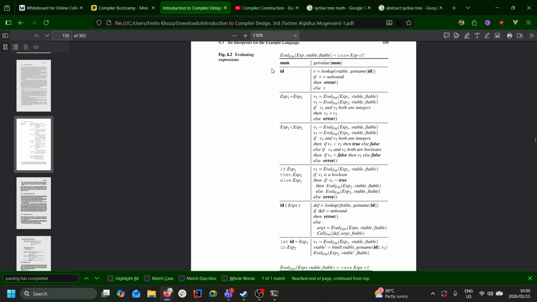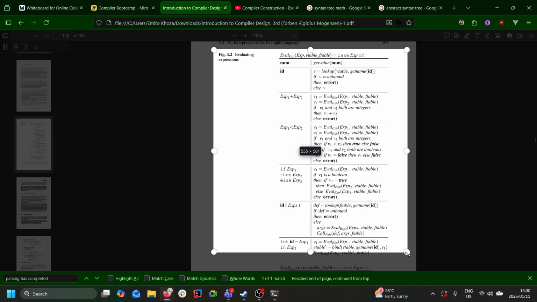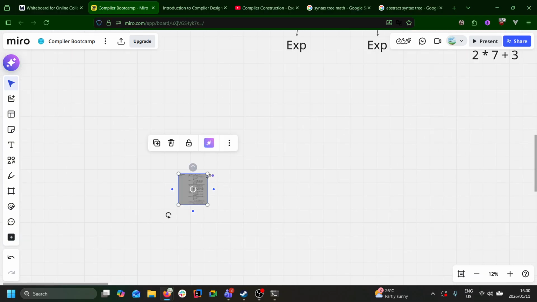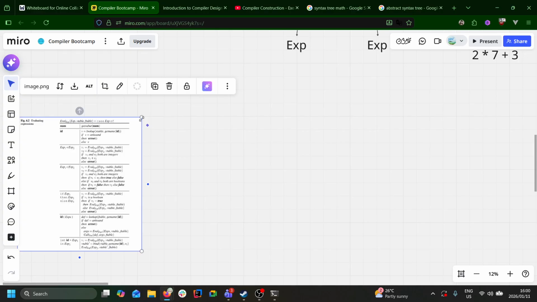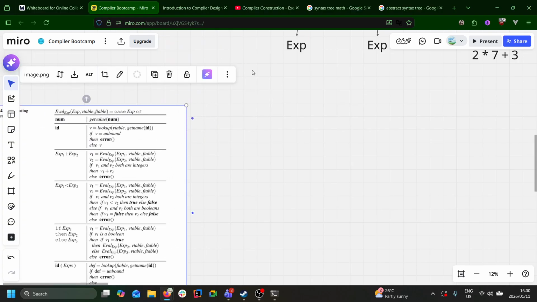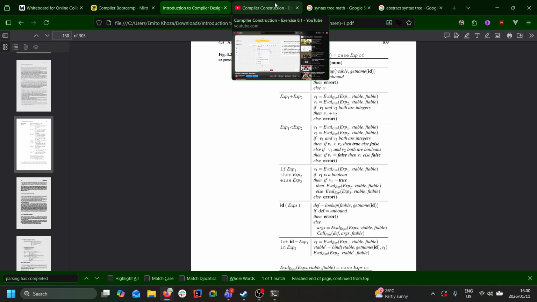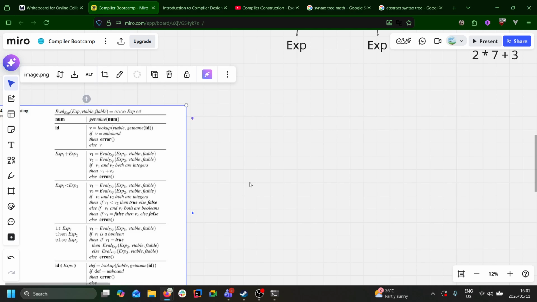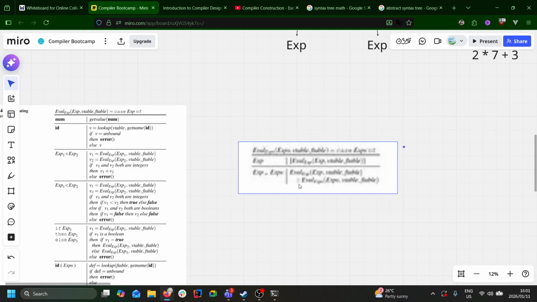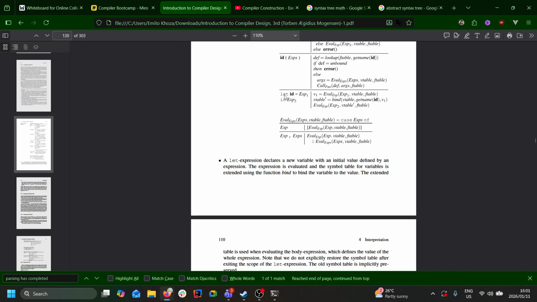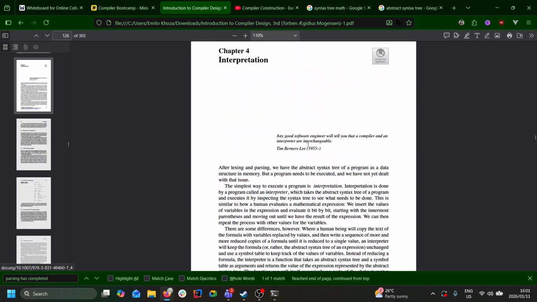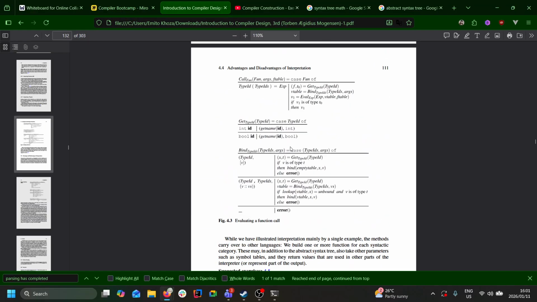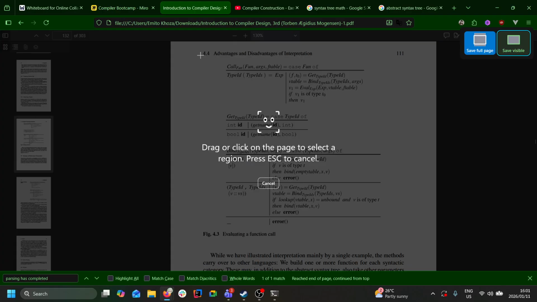For example, you'd have a table for this over here, and then a table for that. And we're missing one more table, and another table. There we go, this one.